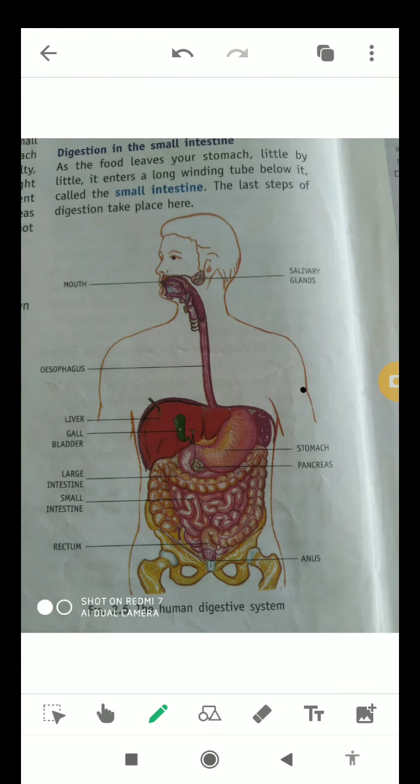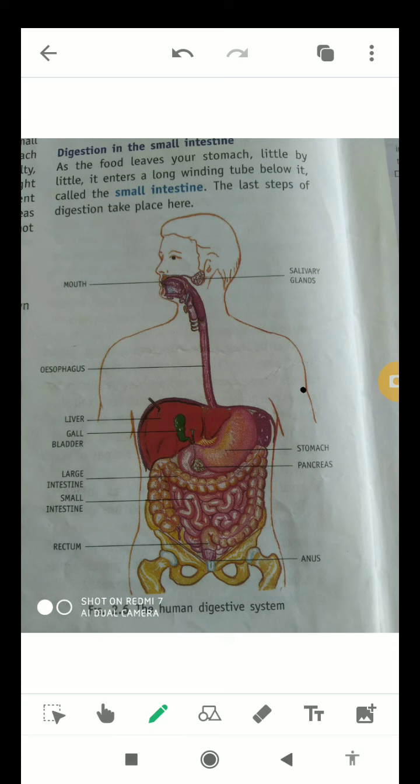As you can see, this is the diagram of the human digestive system, in which the mouth is present, then the esophagus, the long tube, and from there the food reaches the stomach. From the stomach it reaches the small intestine, and from the small intestine the undigested food reaches the large intestine, and from there the food reaches the rectum, and through the anus the excretory part of the food is removed from the body.